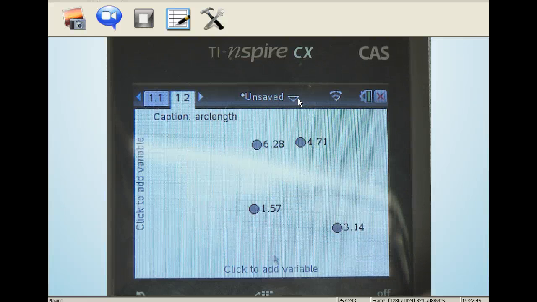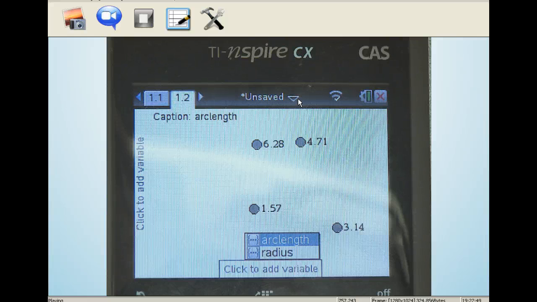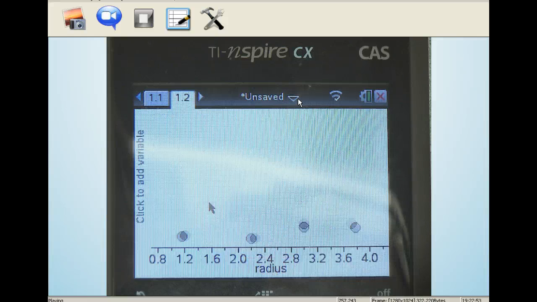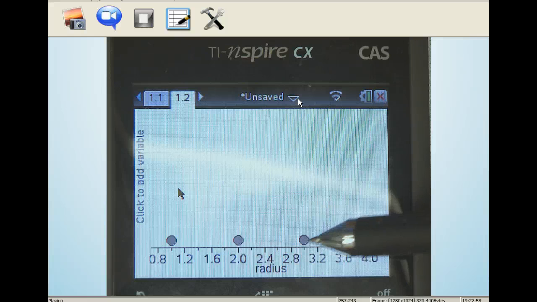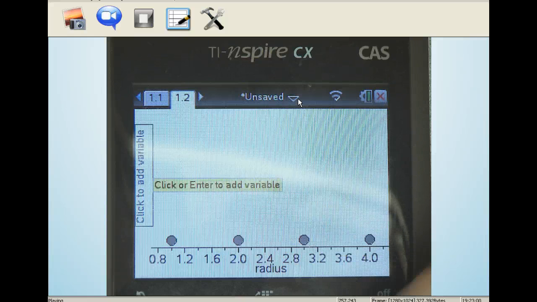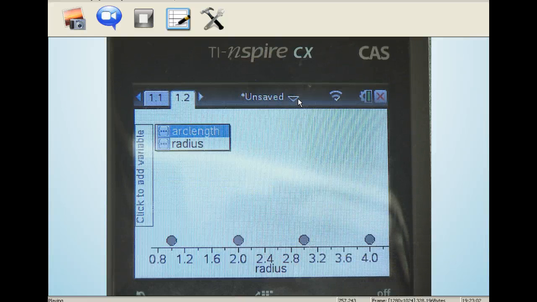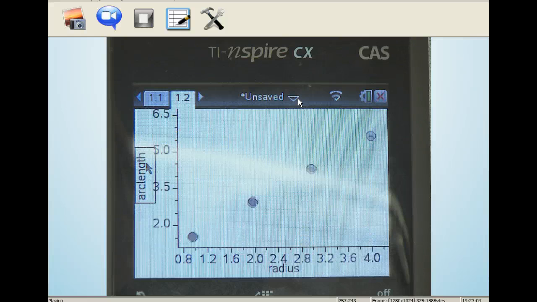And on this axis let's put the radius, and now we just see the radius being marked out. There's 1, 2, 3, and 4. Over here let's put our arc length, and there is our arc length.